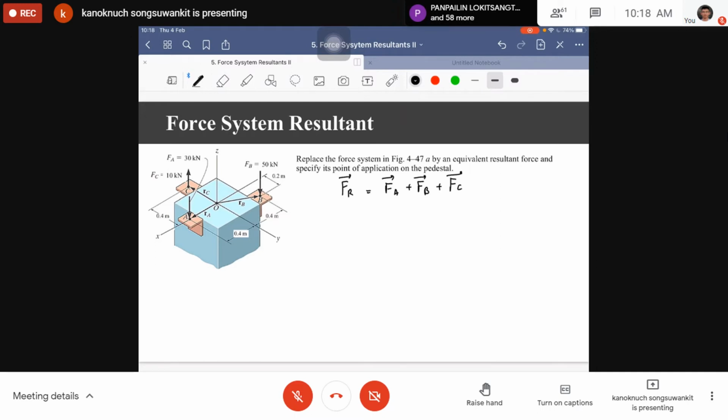Okay, and by moving all forces to point O, all forces will produce their own couple moment. So MRO is equal to MA plus MB plus MC. Okay, and from this couple moment, resolve it into MR parallel and MR perpendicular.